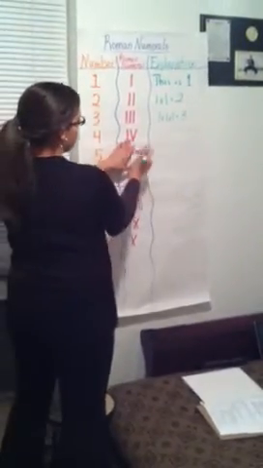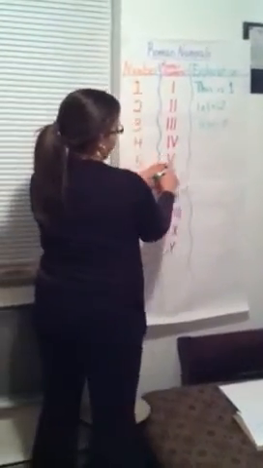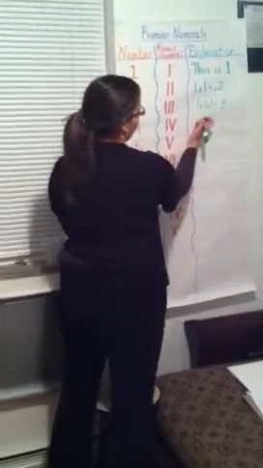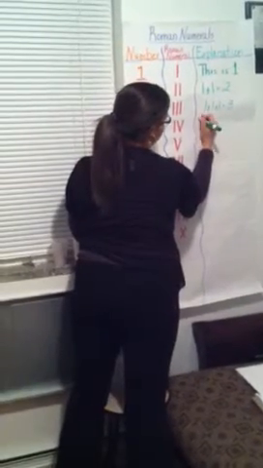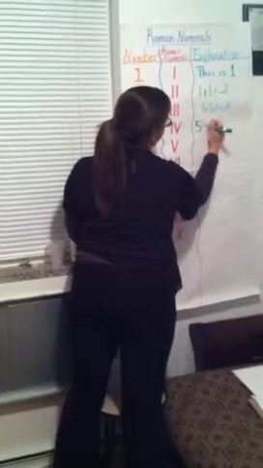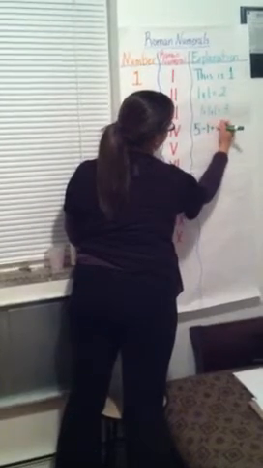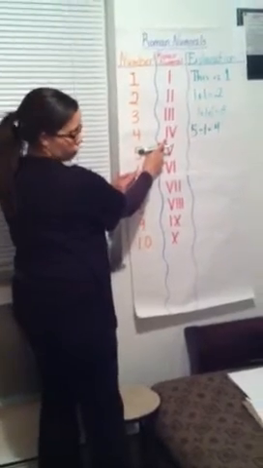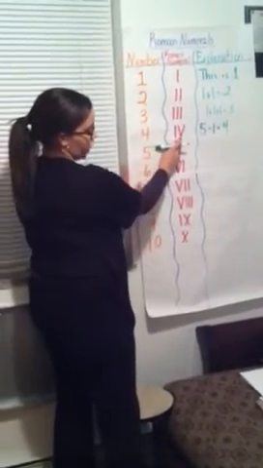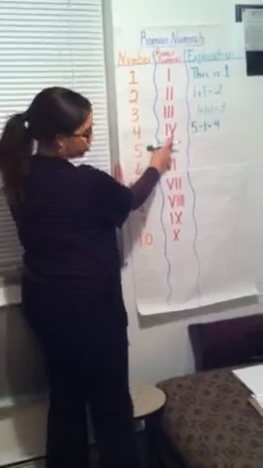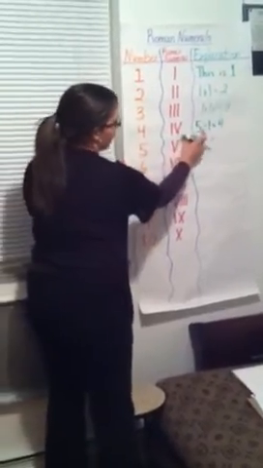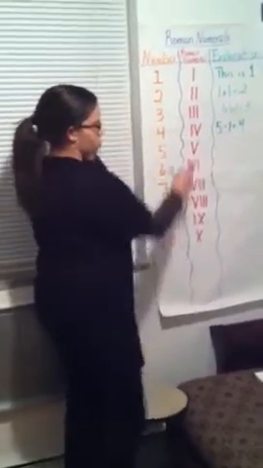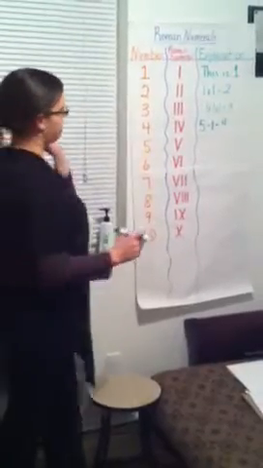So the V stands for number 5. So what they're essentially writing is 5 minus 1 equals 4. Whenever you see a smaller number in front of a larger number, it means to subtract. So 5 minus 1 equals 4. So this stands for 4.